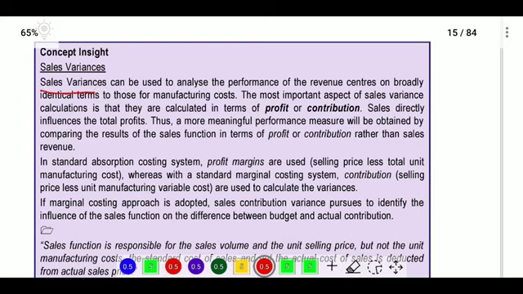The most important aspect of sales variance calculation is that it is calculated in terms of profit or contribution. Sales directly influence the total profit. More meaningful performance measures will be obtained by comparing results of the sales function in terms of profit or contribution rather than sales revenue.